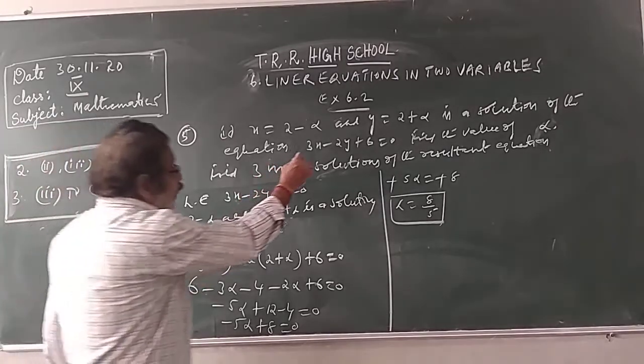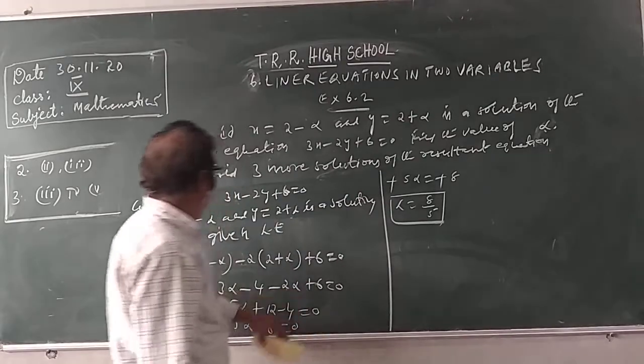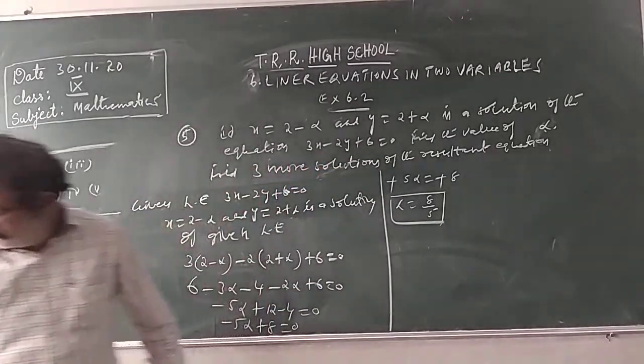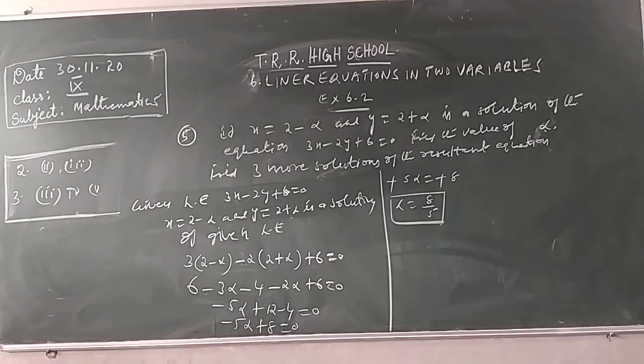For this, find out 3 more solutions for the resultant equation. x is equal to 2 minus alpha, y is equal to 2 plus alpha is the solution of this; we found the value of alpha, now find the 3 more solutions of the resultant equation.